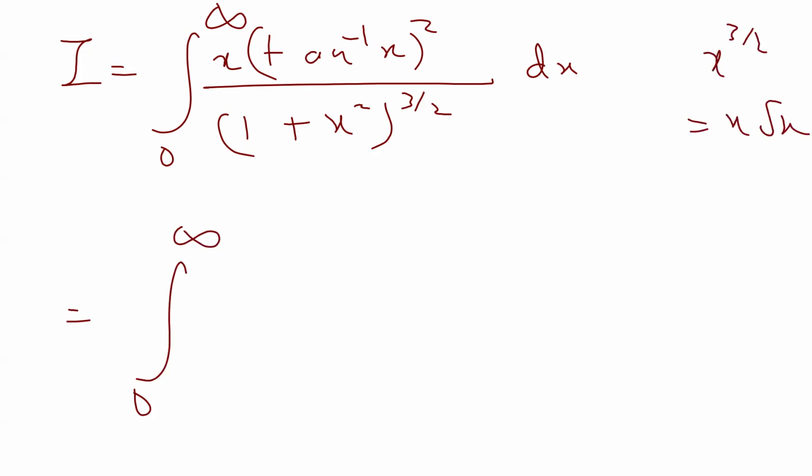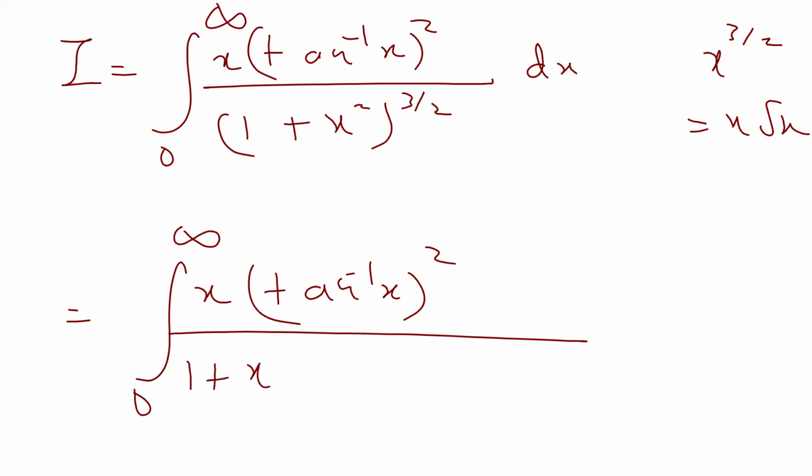Remember this for your entire syllabus. So x tan inverse x raised to 2 upon 1 plus x square root 1 plus x square. This is the first thing that we need to do over here. This is I.